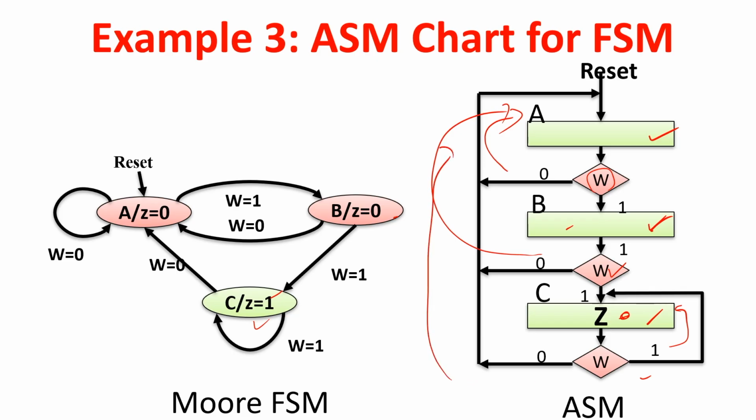That means, in any state, whether this state or this state, if you get a 0, you will go to state A. From A getting a 0 you go here, from B getting a 0 you go here, from C also getting a 0 you go here. If you get a 1, it changes.